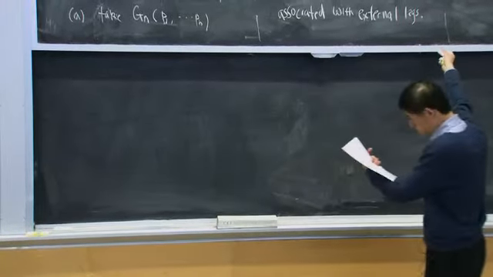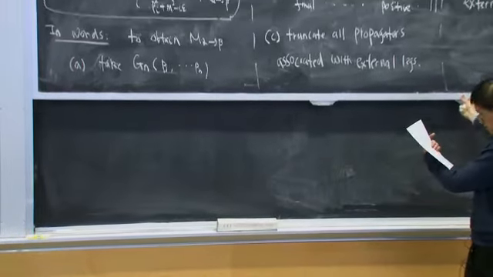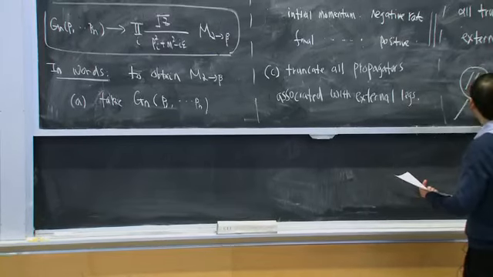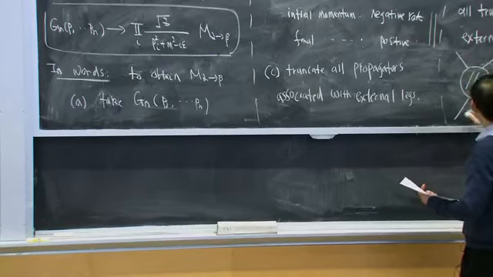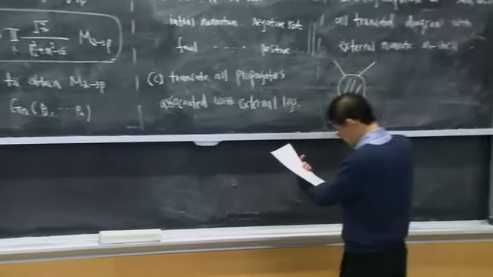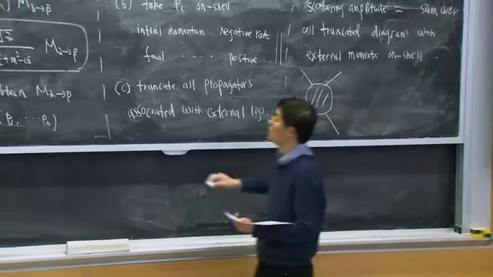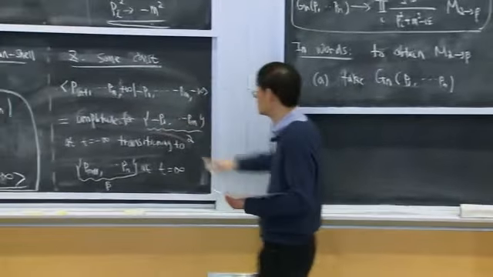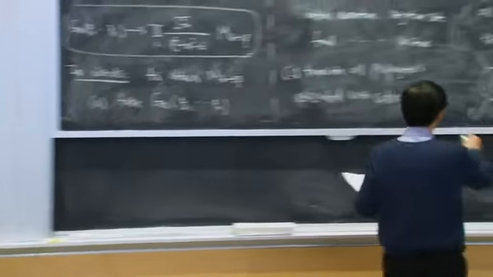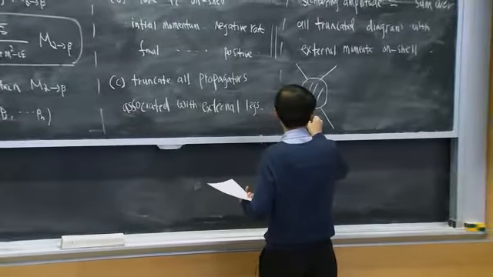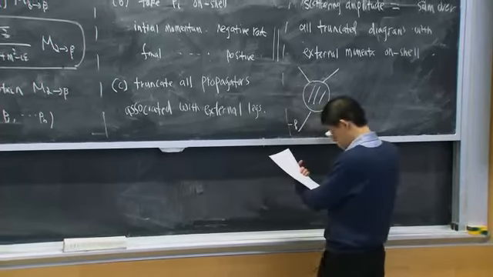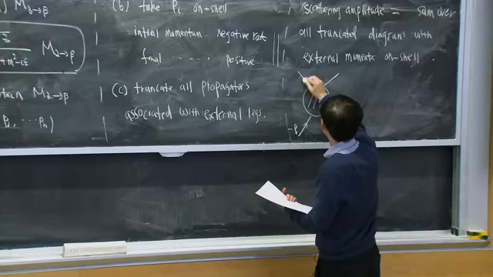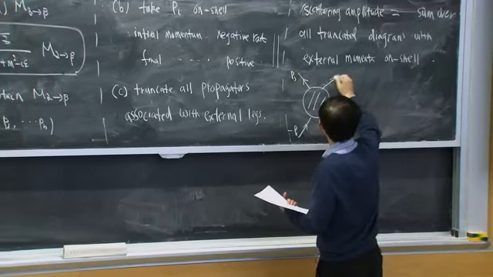So let's consider four particle scattering. Following the convention here, imagine you have minus P1 and minus P2, and then you have P3 and P4.